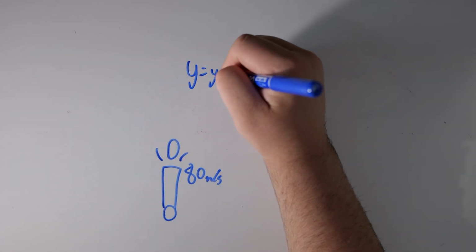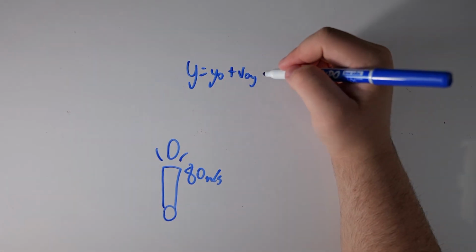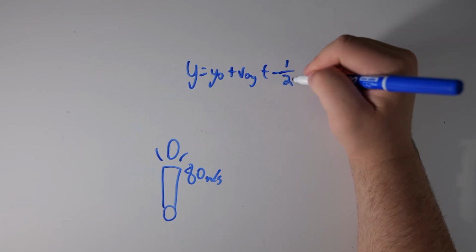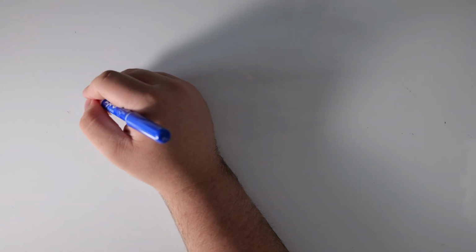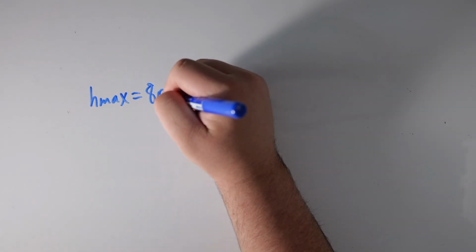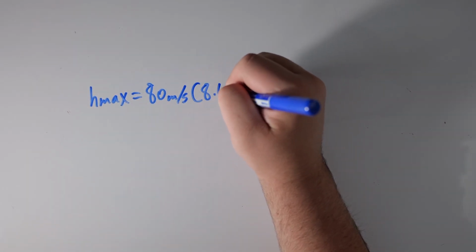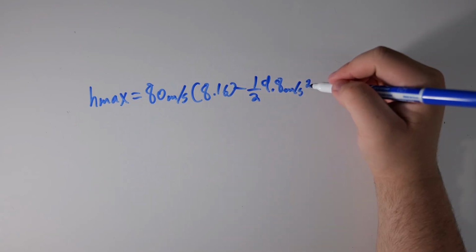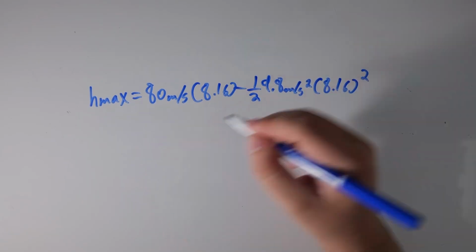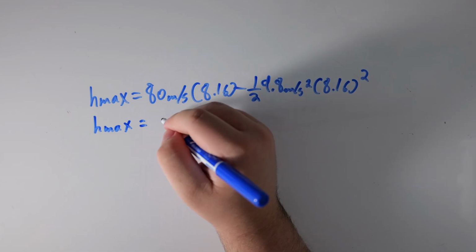But what about the maximum height? We would use this super long formula: y equals y0 plus v0 times t minus 1/2 g t squared. This would mean the height max equals 80 meters per second times the seconds it took to reach the maximum height minus 1/2 times 9.8 meters per second squared times the time it took to reach the maximum height squared.